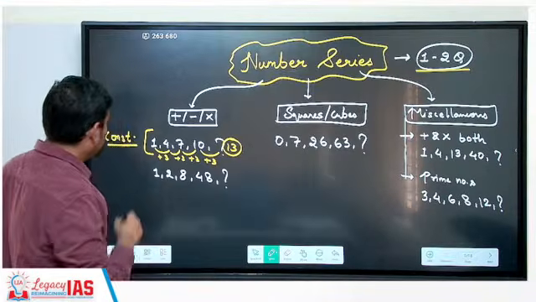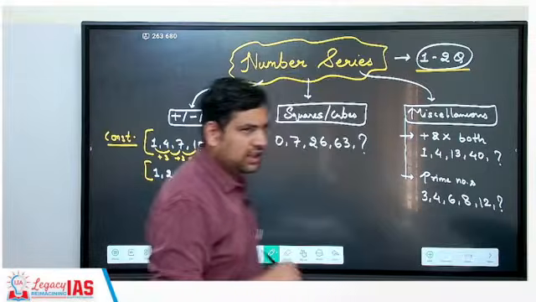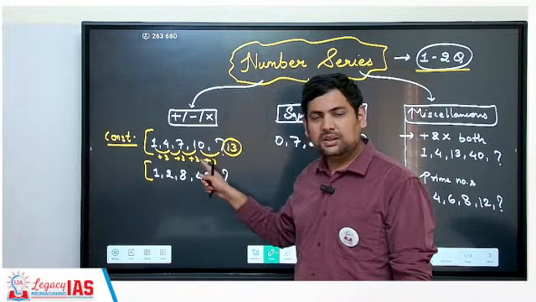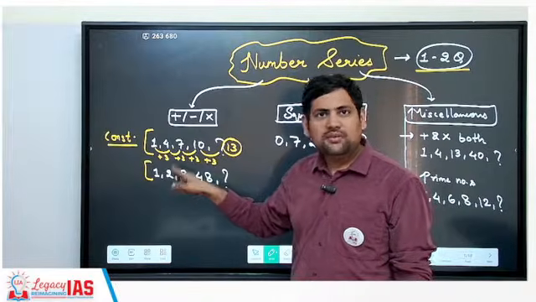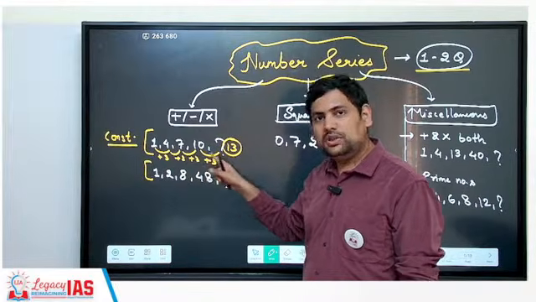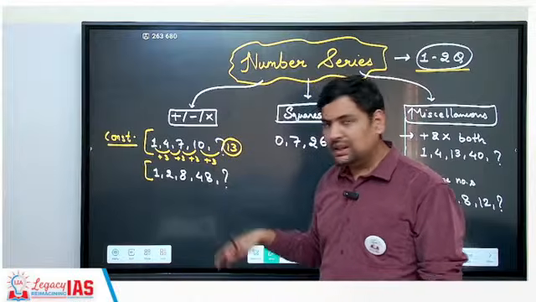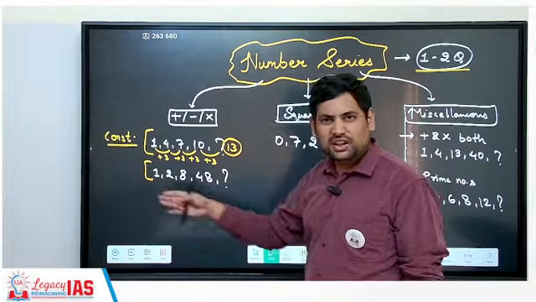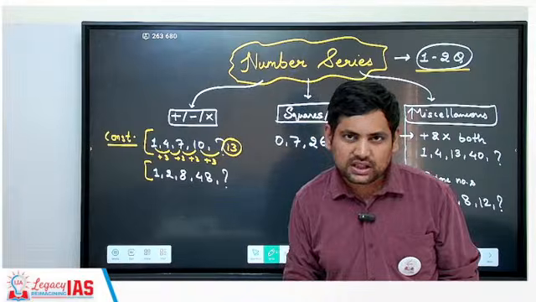Okay. Now there are other kind of series where this pattern itself is not the same. That is, here you had plus 3 plus 3 plus 3. Similarly you can have multiplied by 2 multiplied by 2 multiplied by 2. But observe this, if you see here 1 2 8 48, first of all this is a multiplication series, correct?